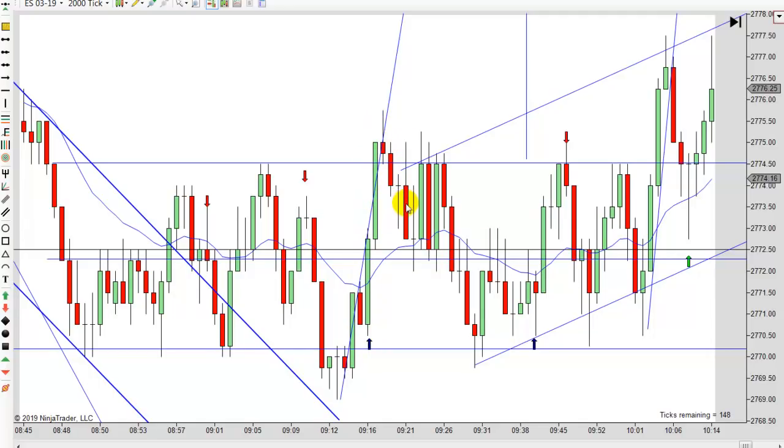There's a lower high right here, which is very similar to this trade. So it's very tempting. And if you did take this one, you probably would have got stopped out. By the time this bar closed, almost a doji, and then this one closed, you can start to see the congestion. You should stay out.